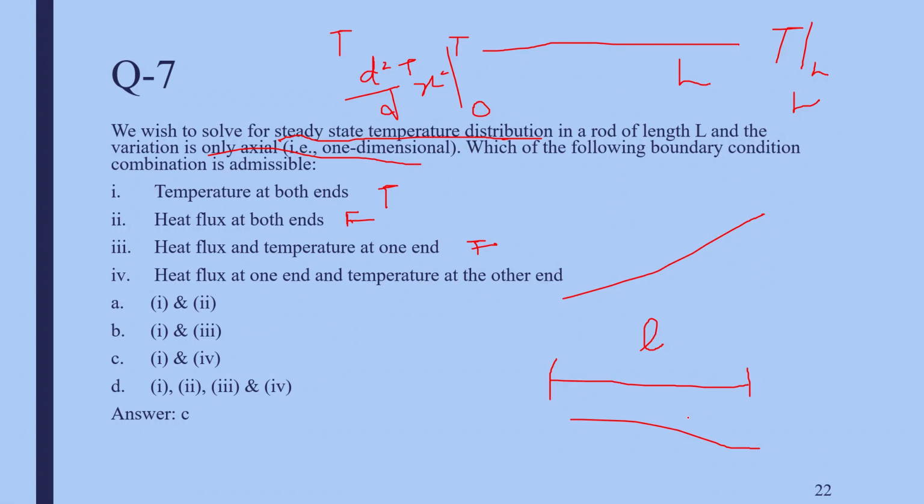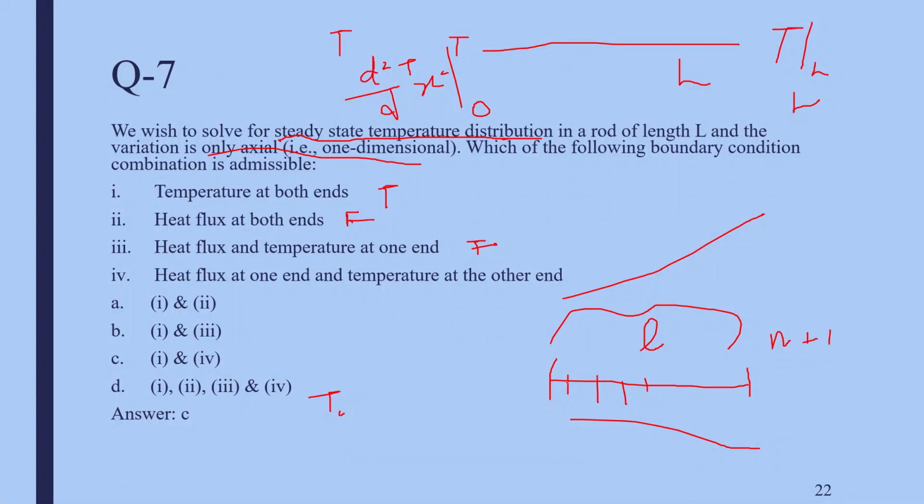So for solving this, we can use discretized equations, right? T at j comma i plus 1, j comma i minus 1, this is i minus 1, this is i, this is i plus 1, i plus 2. Like that we can discretize it into n number of points. So n plus 1 number of points would be there for n equal segments, right?